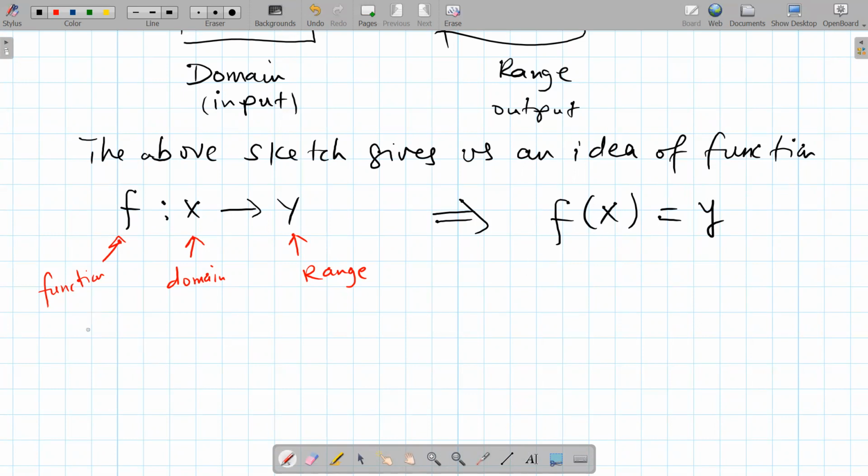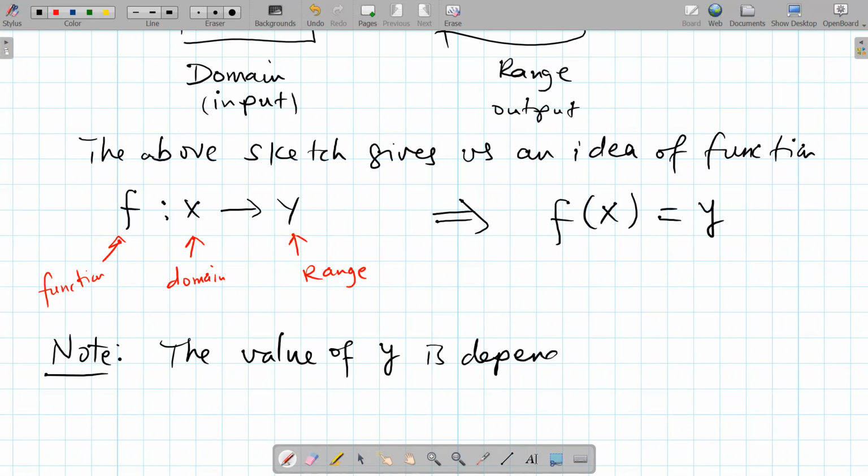So note that the value of y is dependent on the value of x.